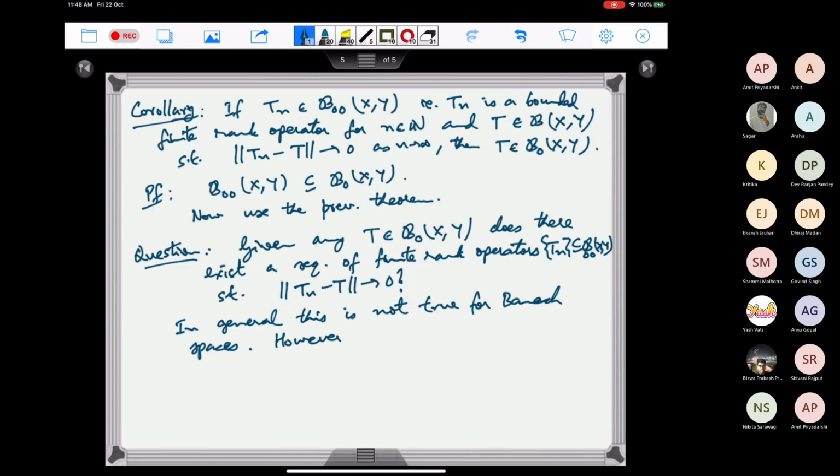However, we will show that if Y is a Hilbert space, the range space that we are assuming is a Hilbert space, then the result is true.